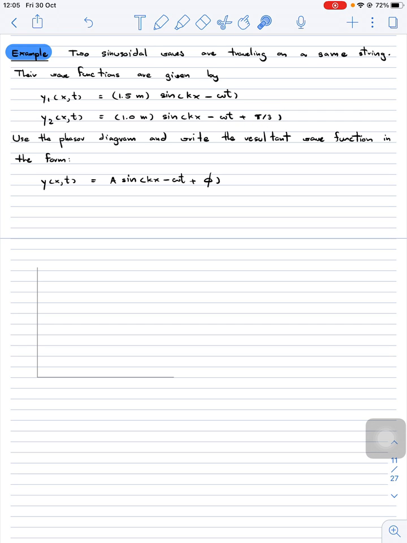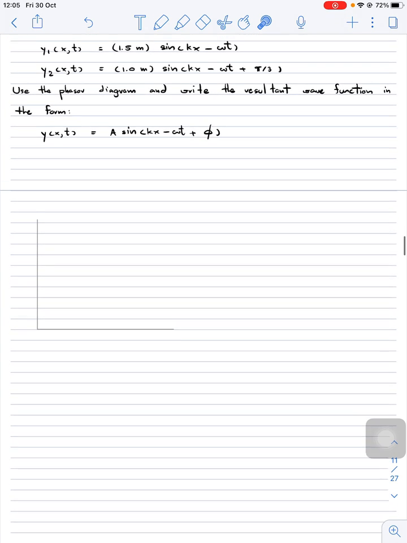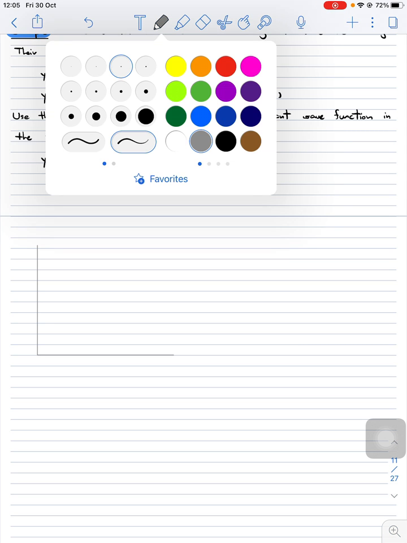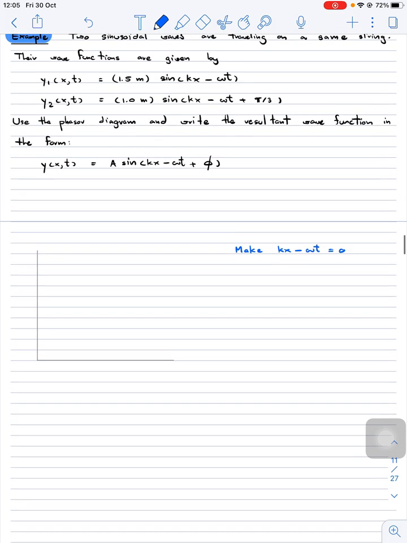So to make it simple, I'm going to make kx minus omega t equal to 0 first. Later on, once we get the resultant vector, I'm going to put kx minus omega t back into its function.